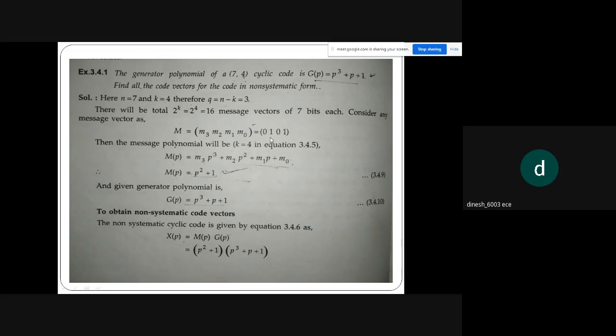Now I am taking, for example, a message of this question. For example, I consider a message vector as 0101. This is for my assumption. So I am taking 0101 as a message vector from the 2 power 4, 16 message vectors.